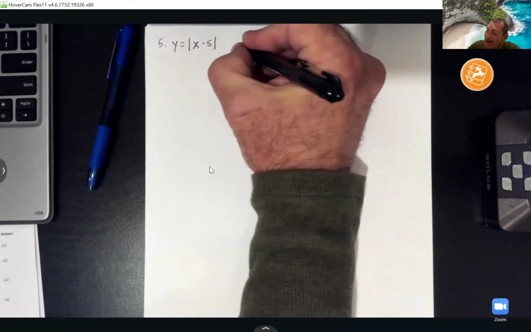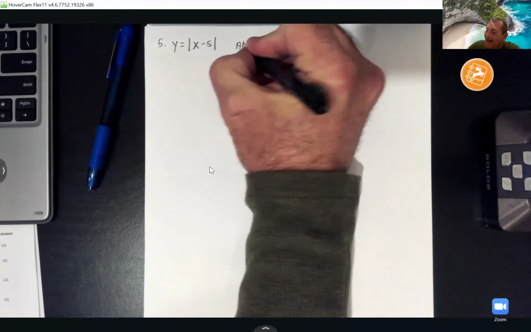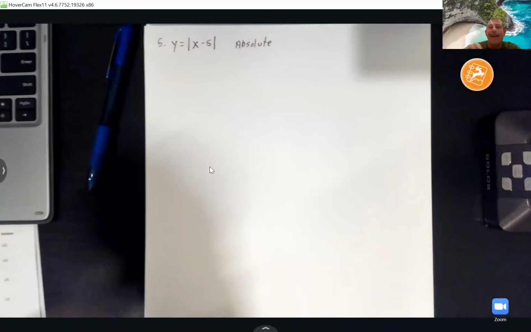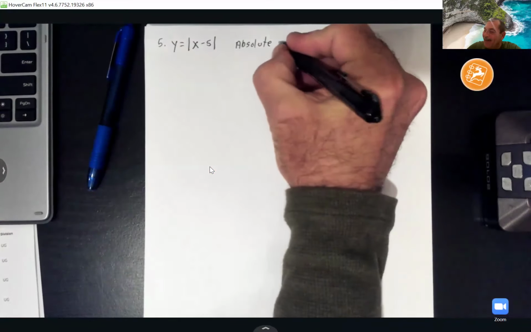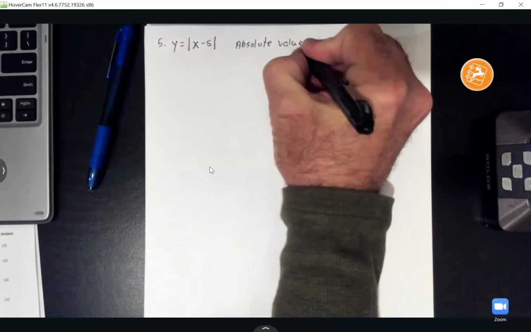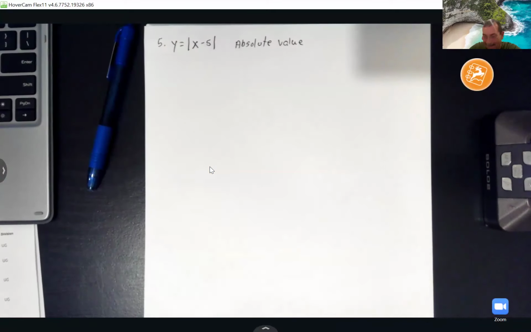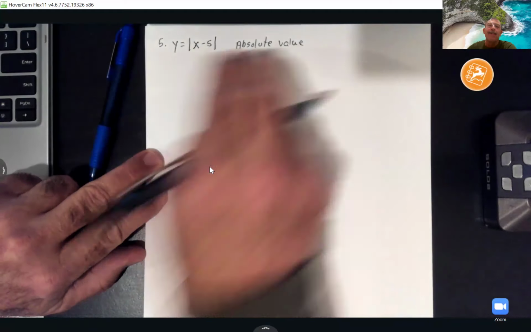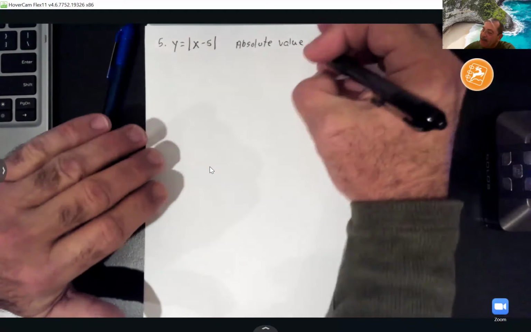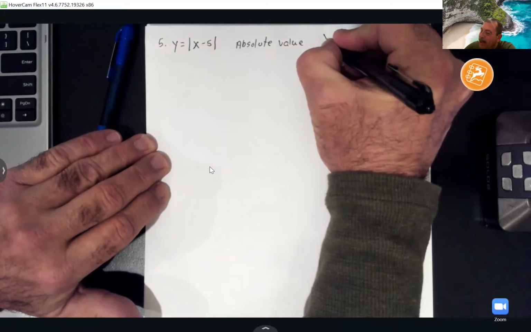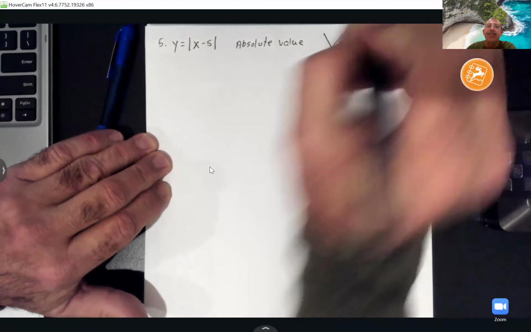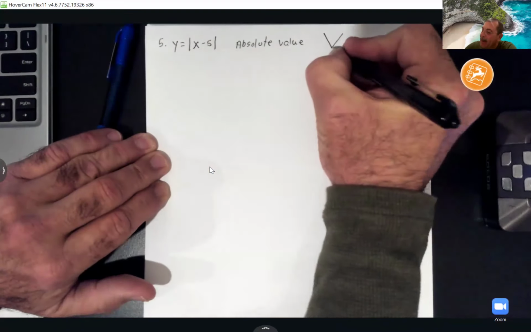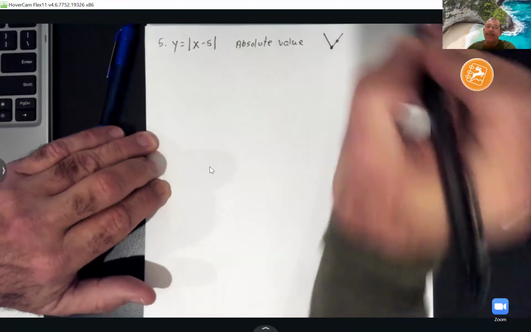Have y'all ever heard of absolute value? So when we see the pipes like that, that's absolute value. The graph of an absolute value, when we're done, will look like a sharp V. And I think that thing has like 2 points on it.